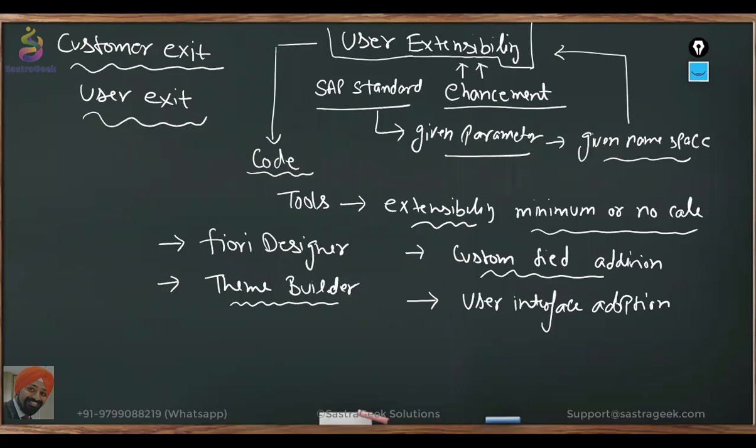But if you want to change a field itself, add a new field which is not given in the Fiori screen, or remove some field to simplify it for your business, you can do it with user interface adoption. Here also, without coding, a tool has been provided where you can drag, drop, and add fields. So it is quite easy compared to coding your interface. No Web IDE is required. Just by using that tool, the code would be automatically adopted.